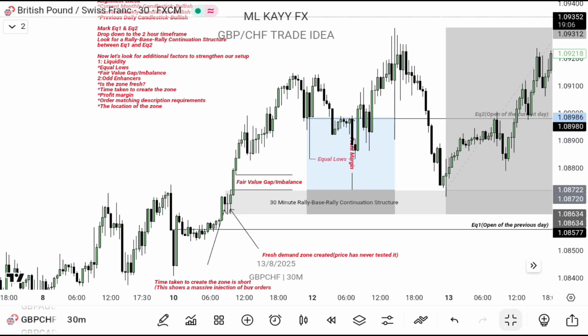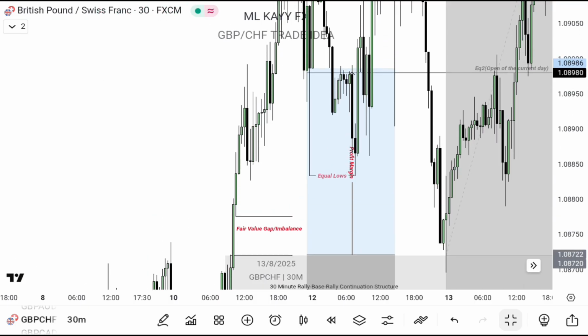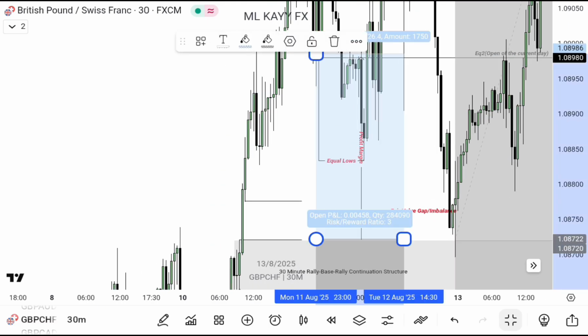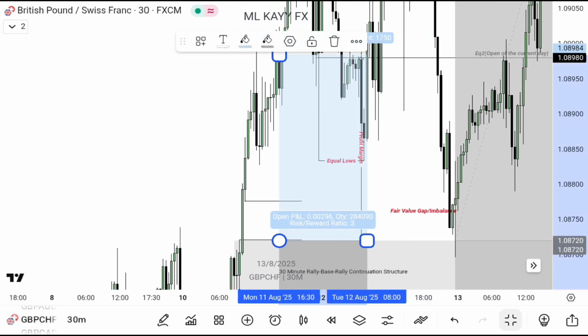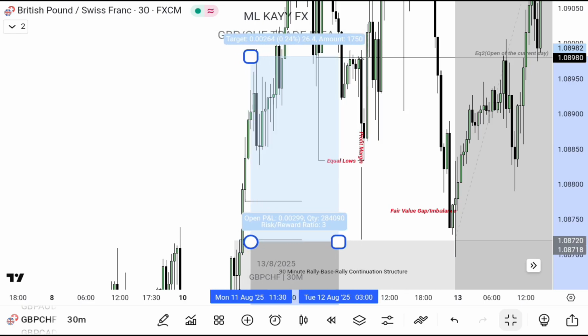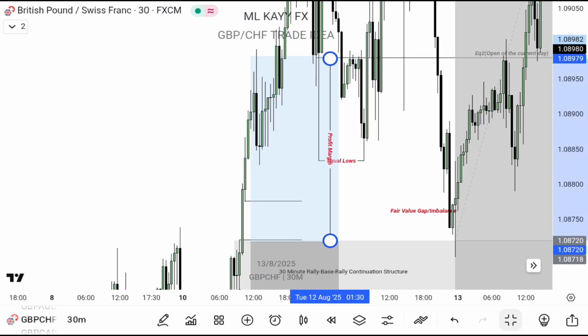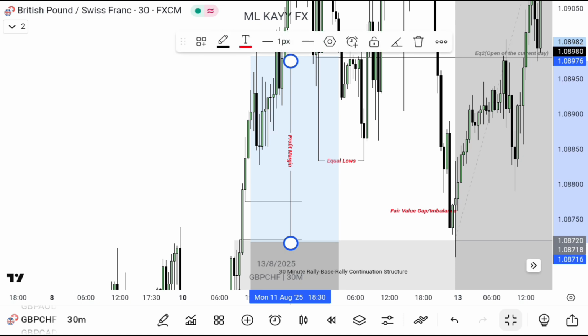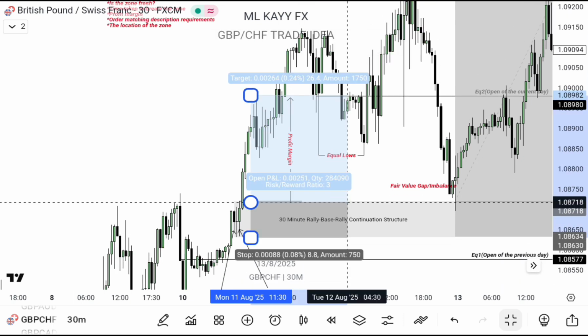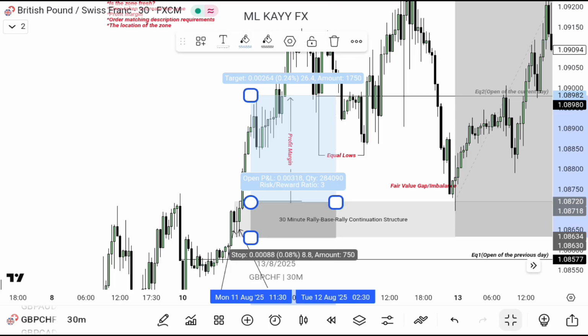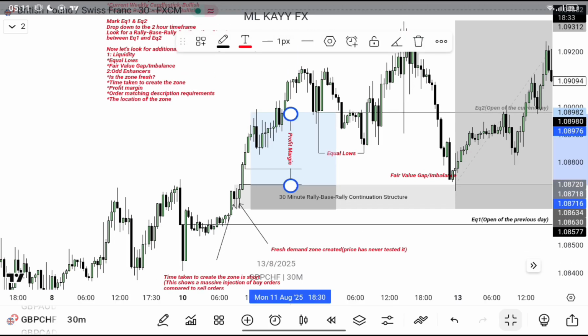For example, I didn't measure the amount of pips, but I think it will show when I press my long position. The distance between your entry point and your stop loss, that's your risk, right? So after price has created the base, once it moves away from the base or the demand zone, it must move 3 times bigger than the amount of pips the zone took.